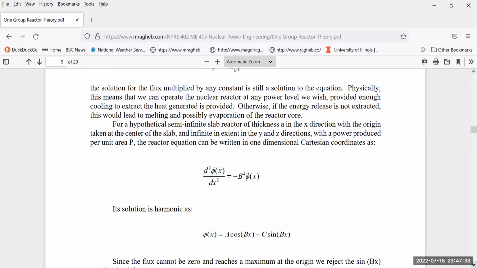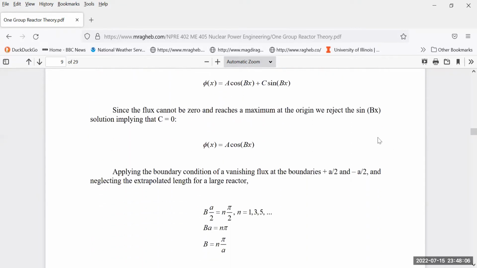But let's just gain some insight into the problem on how to compare our approach here using a spherical geometry to what they do in the textbooks. Take Lamarsh, for instance, one of the textbooks used in that case. The differential equation is d squared phi over dx squared equal to minus B squared phi of x. So the solution in that case is simply A cosine plus C sine. There is not the 1 over r that appears in the spherical geometry. And in that case, we ignore the sine curve because the flux cannot be 0 at the origin.